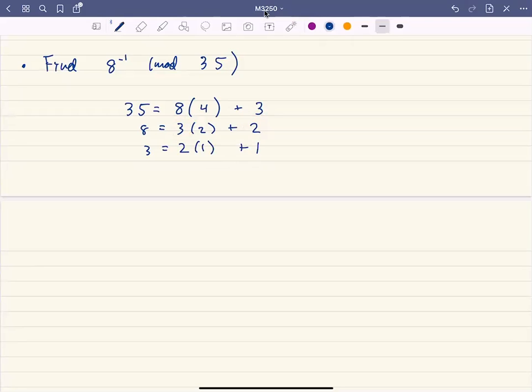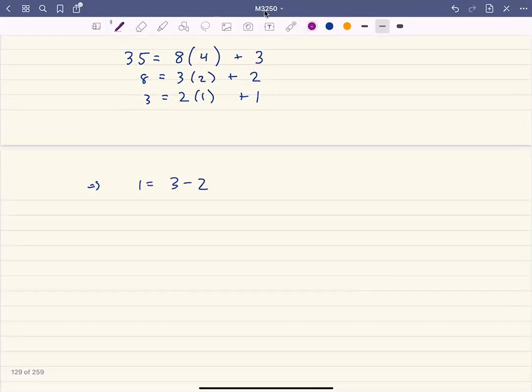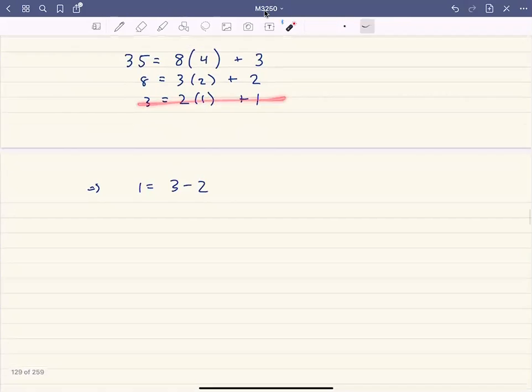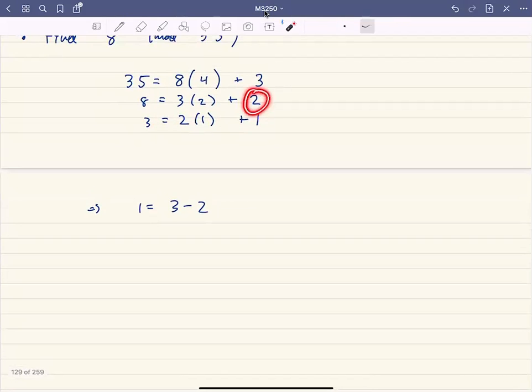And then we're going to work backwards to find the Bezout coefficients. So this tells us that 1 we can think of as 3 minus 2. Okay, and then we're done using this equation. Next, we're going to look at this 2. And it turns out that we'll think of 2 as 8 minus 3 times 2.